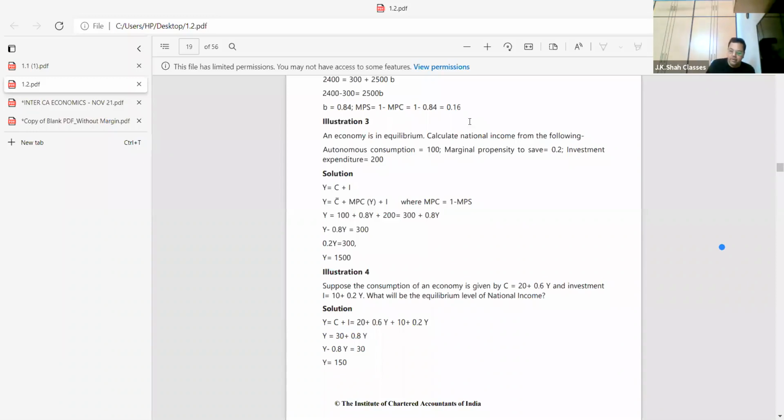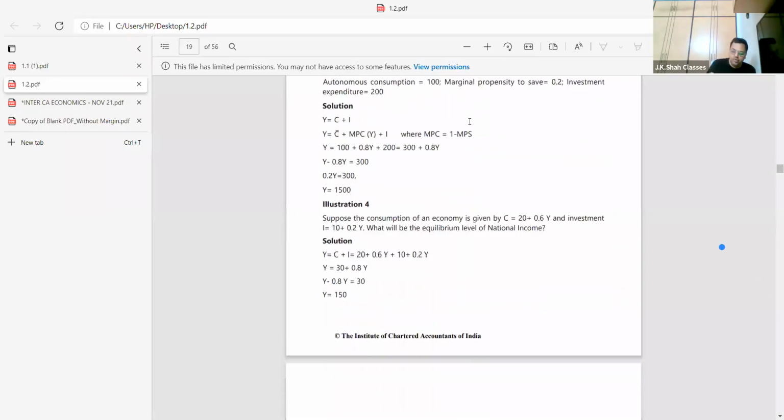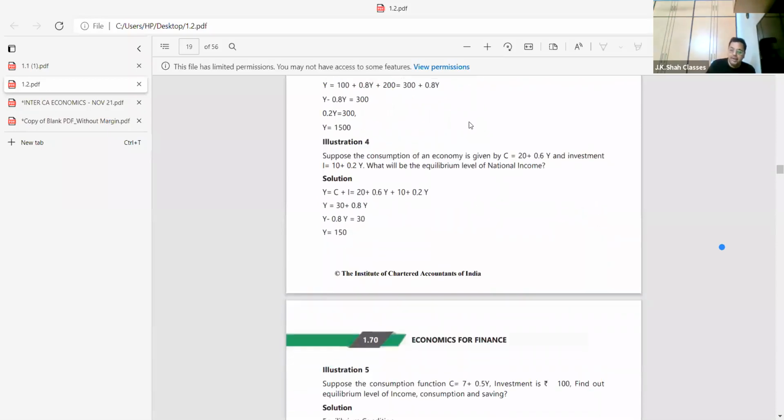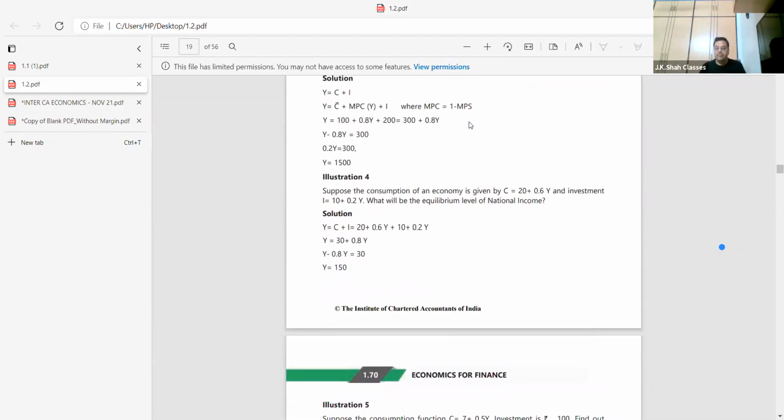So Y is equal to 20 and 10, 30 plus 0.8Y. When I bring 0.8Y to the other side, Y minus 0.8Y is equal to 30. So Y is equal to 30 upon 0.2, that is equal to 150. Answer is time pass. Very easy. Please, students, start solving.